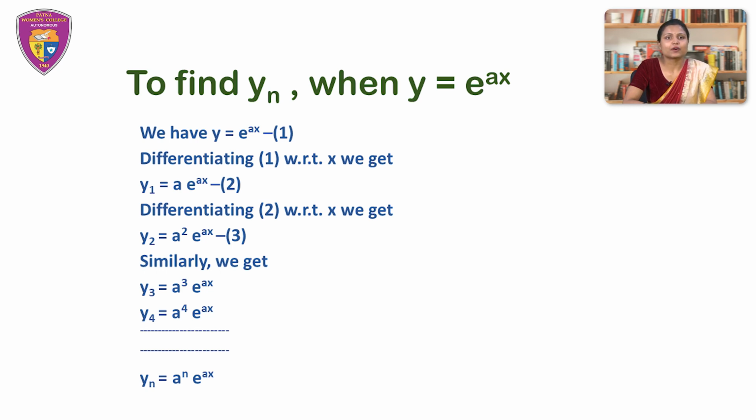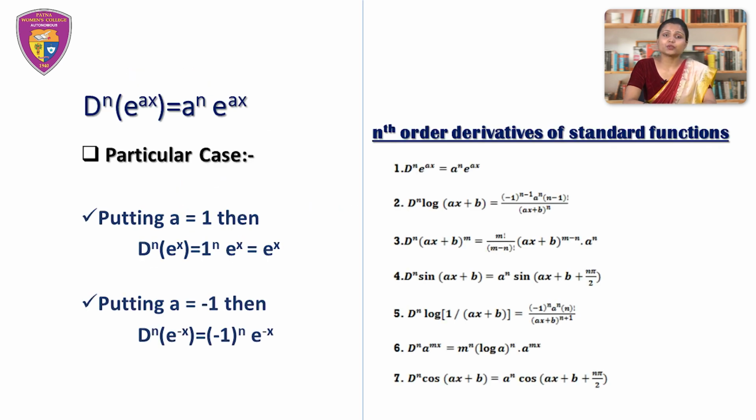Similarly, we get y3 equals a cube into e to the power ax, and then y4 equals a to the power 4 into e to the power ax. Further differentiating up to nth order, we get yn equals a to the power n into e to the power ax.